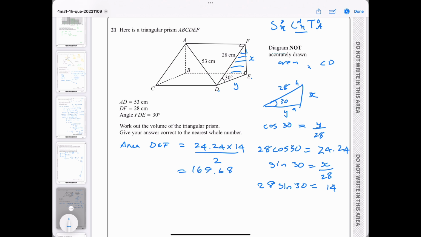So then, how do we find this? Oh, I don't have any of that.